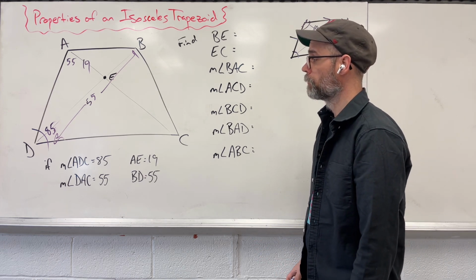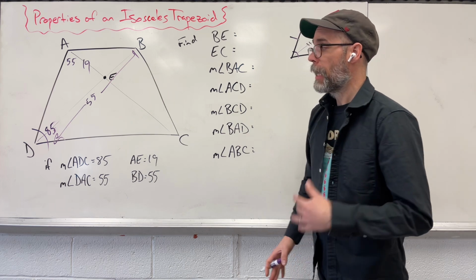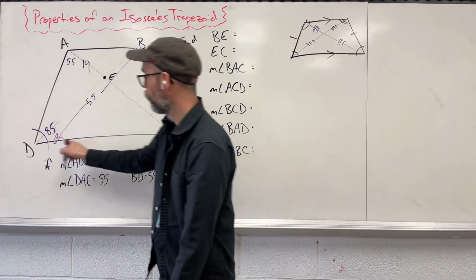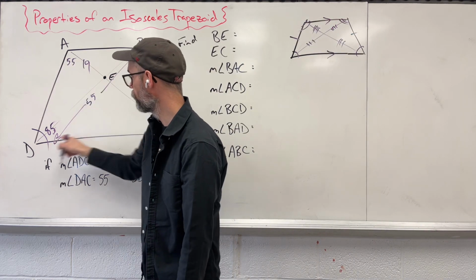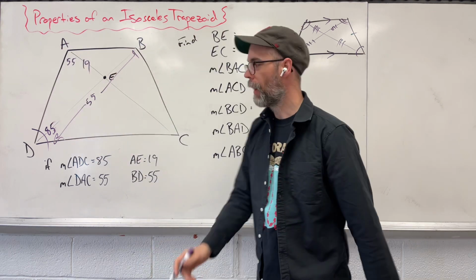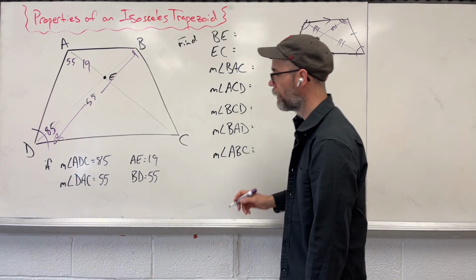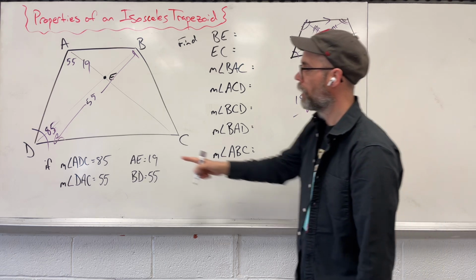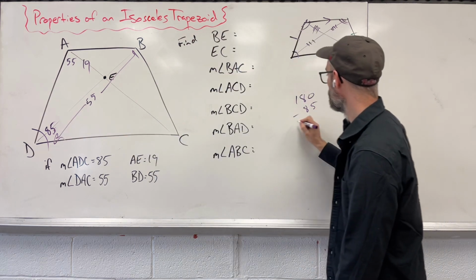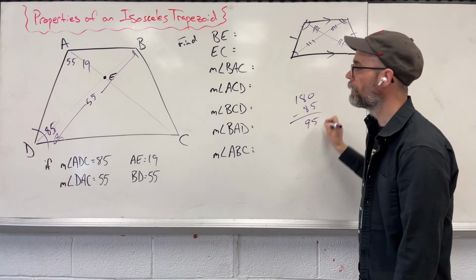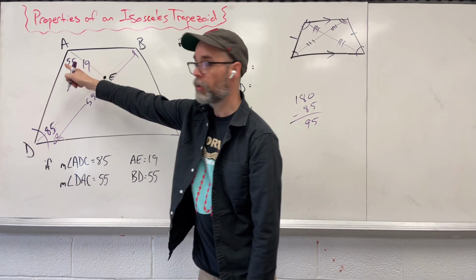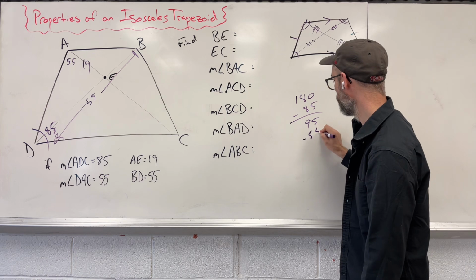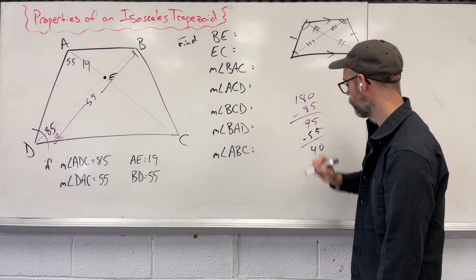Like a parallelogram, we're going to have 180 degrees with consecutive angles. So we already know 180 minus 85 leaves us with 95. I want to take that little section out, so let's take 55 away from that, and we're left with 40.